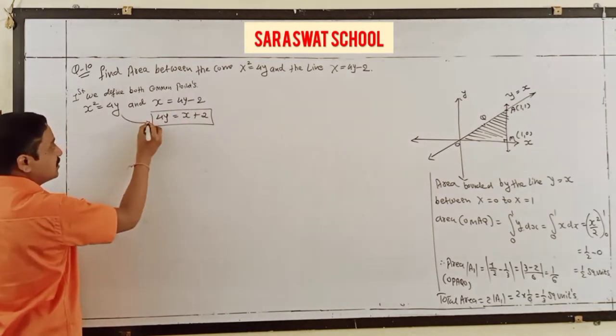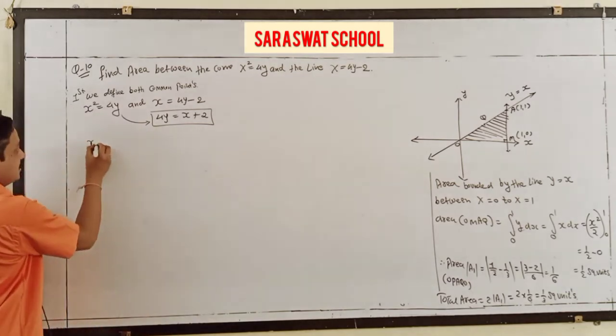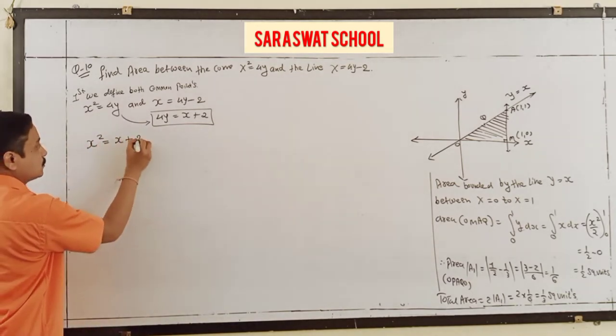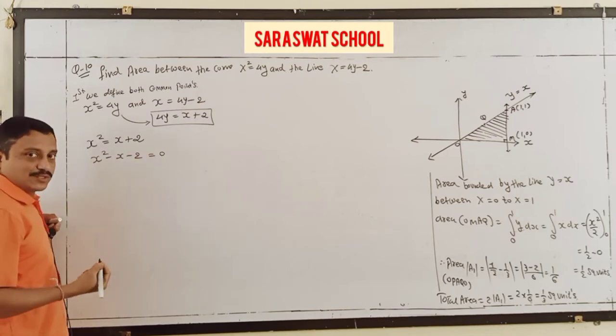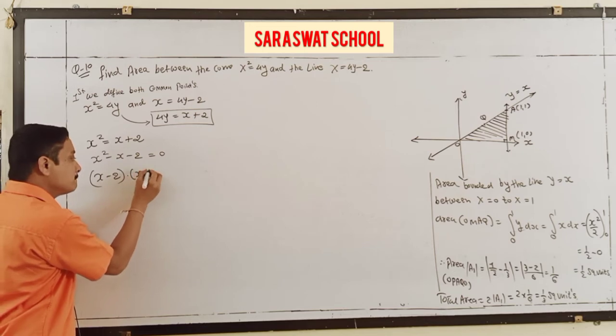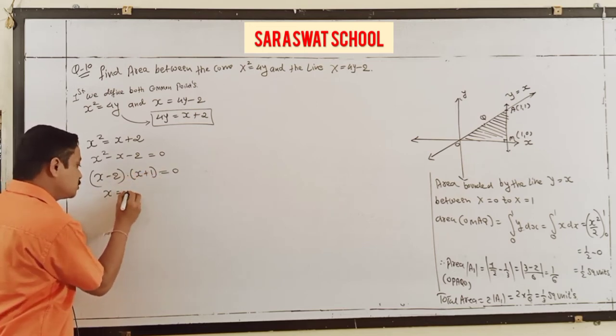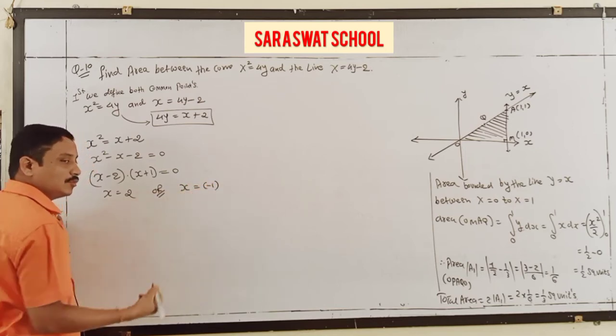This 4y you substitute that. Yes. So your data is x square is equal to x plus 2, x square minus x minus 2. So 2 roots are, it means x is equal to 2 or x is equal to minus 1.